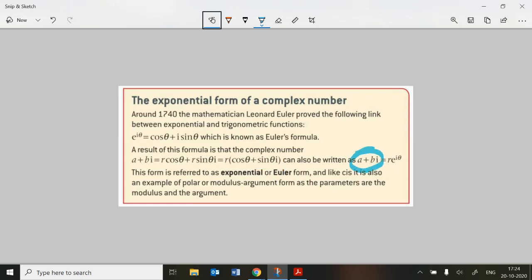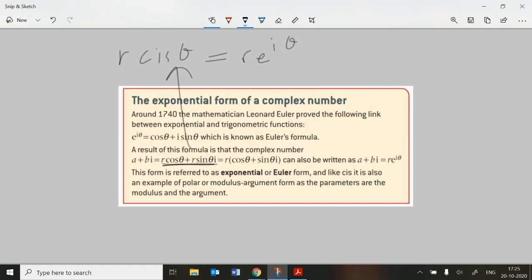Here's the final way of writing down a complex number. So we're saying, in fact, you can do r cis theta, which is this. Okay, same thing, as well as it having this Cartesian format, you can now write this as r e to the i theta.